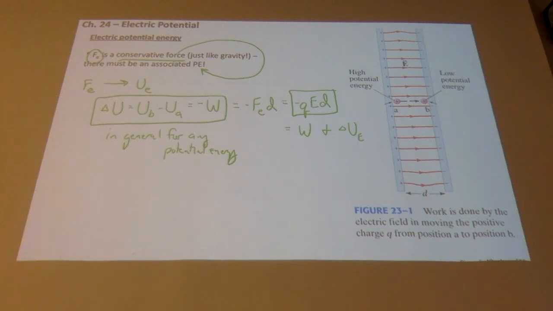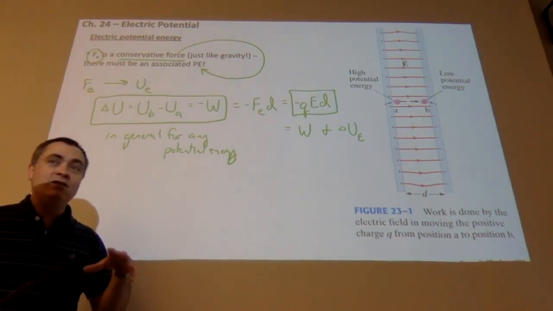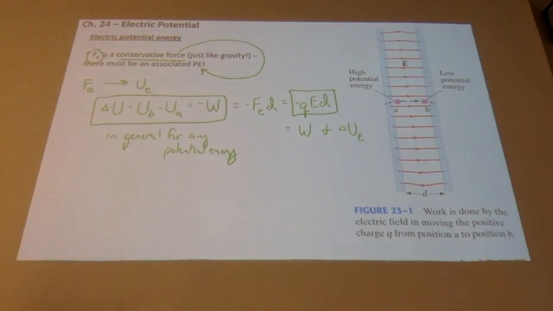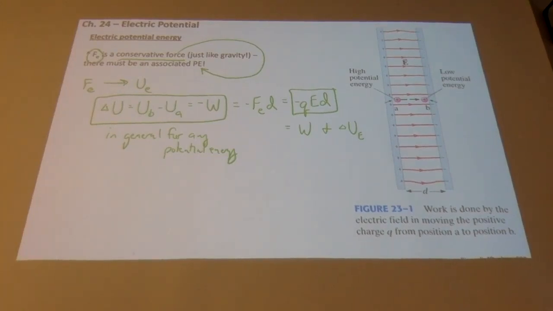If it starts at this point and gets pulled by the gravitational force downward, you might imagine as it's going lower and lower, that force is doing positive work on the mass and the amount of potential energy is decreasing until we get to the floor and there's no potential energy left because it can't fall any further.